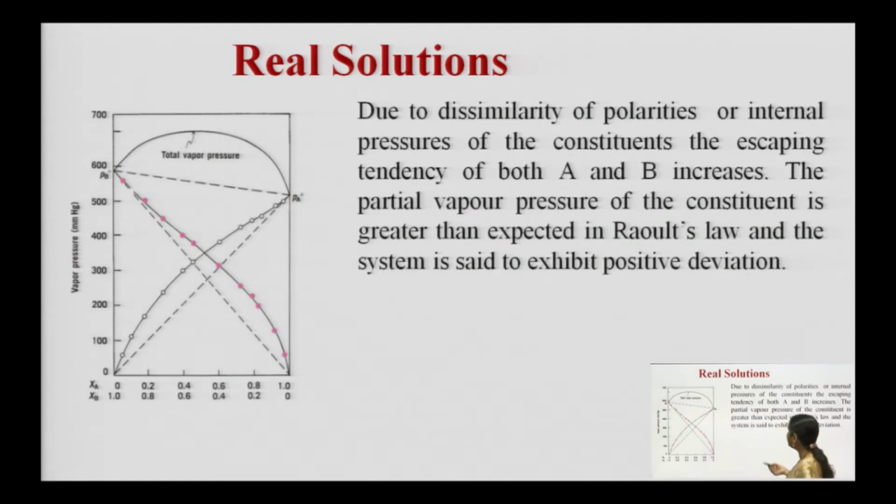This occurs due to the dissimilarity of polarities or internal pressure of the constituents, and the evaporation tendency of both A and B increases. So, the partial vapor pressure of the constituents is greater than expected in Raoult's law, and the system is said to establish positive deviation.